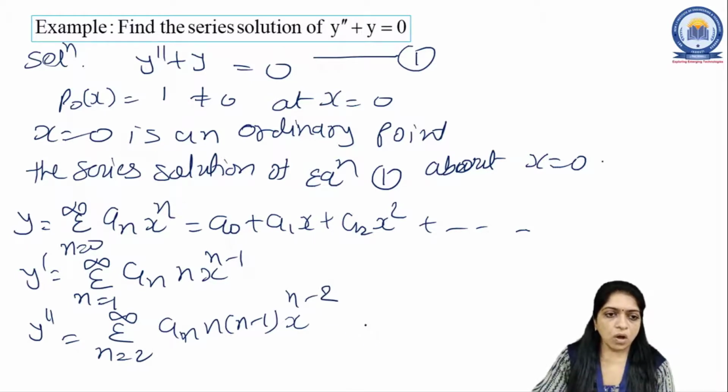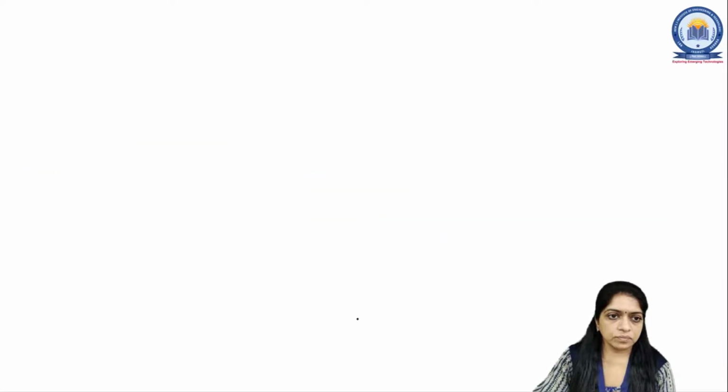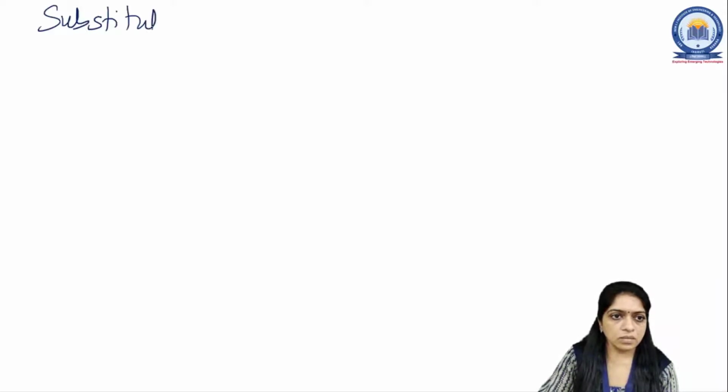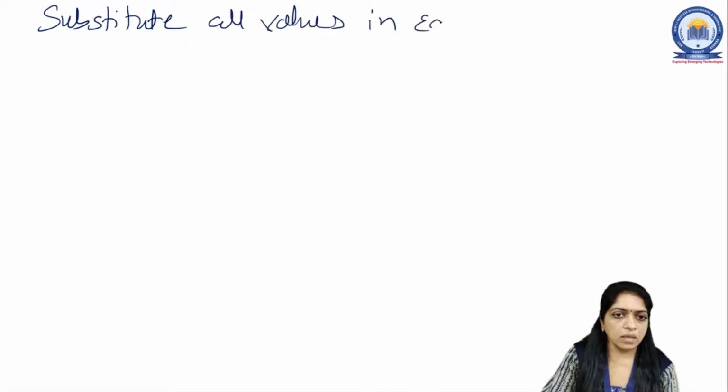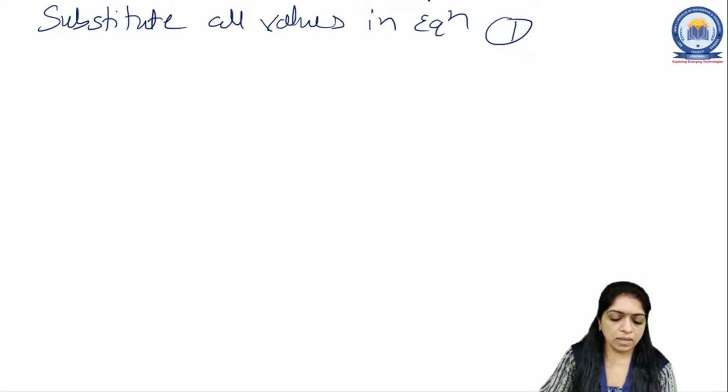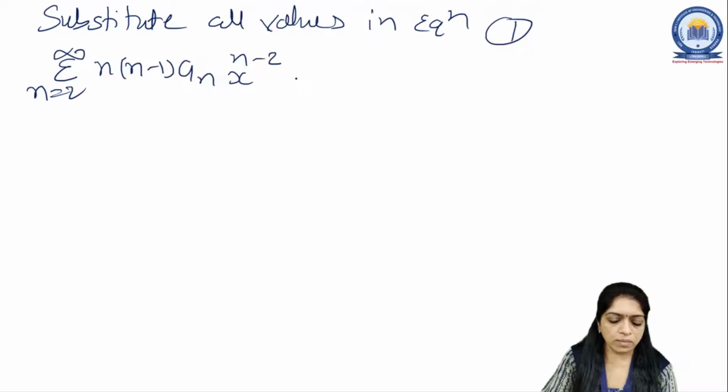So substitute all values in equation 1, and that is summation n 2 to infinity n minus 1 a n x raised to n minus 2 plus summation n 0 to infinity a n x raised to n equal to 0.